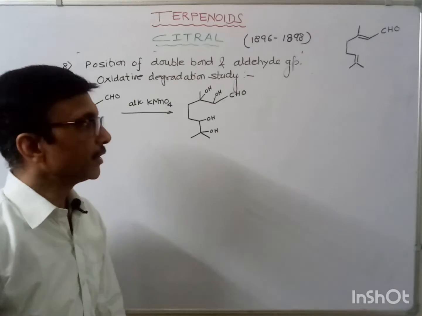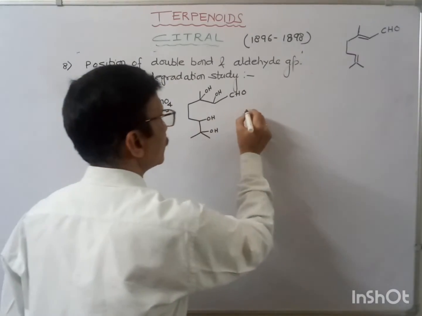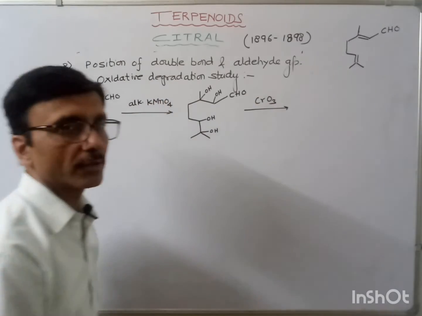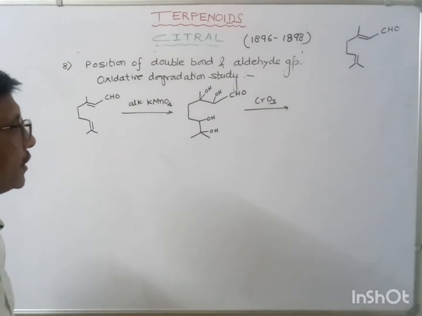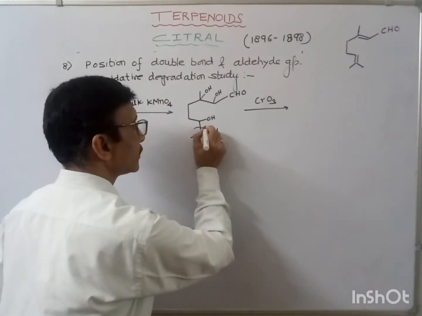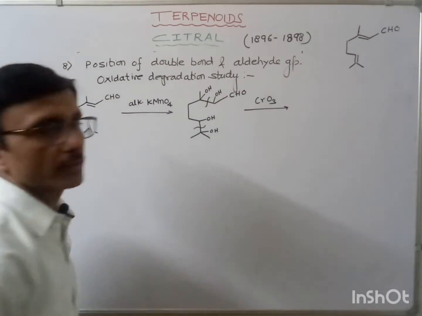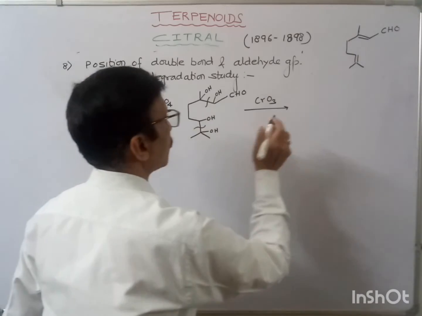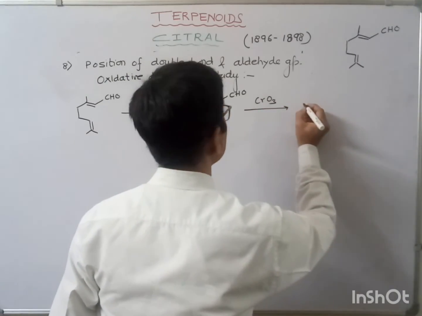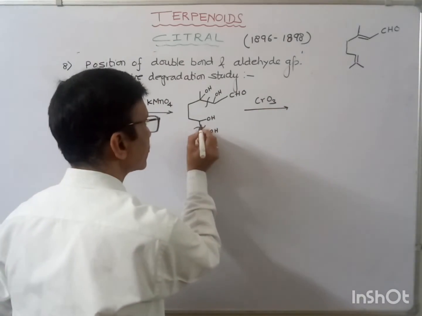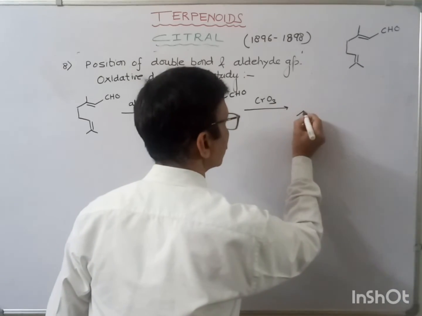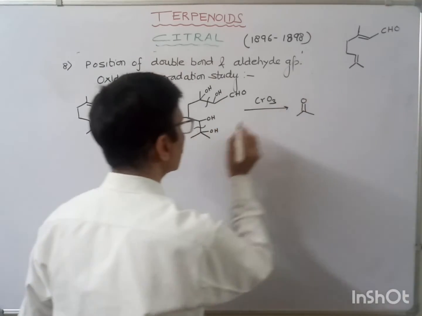Okay. Now it was treated with oxidation by this chromium oxide. Now these bonds will get broken. So oxidative degradation will occur and these bonds will get broken, and what will we get? This part will be converted into acetone.